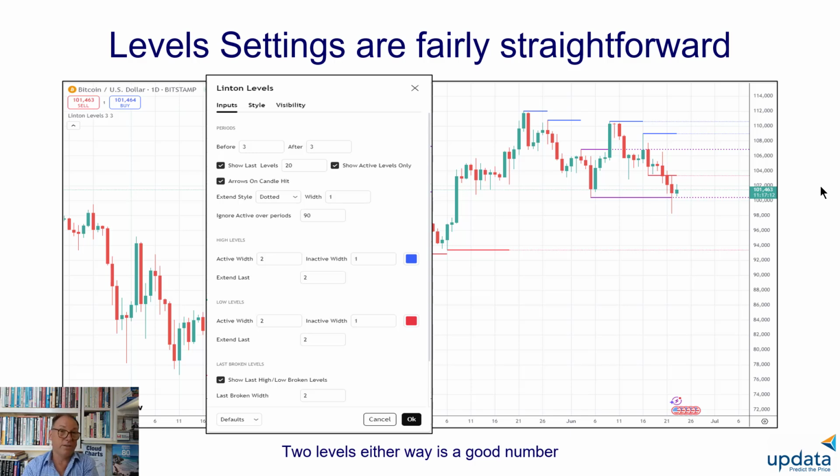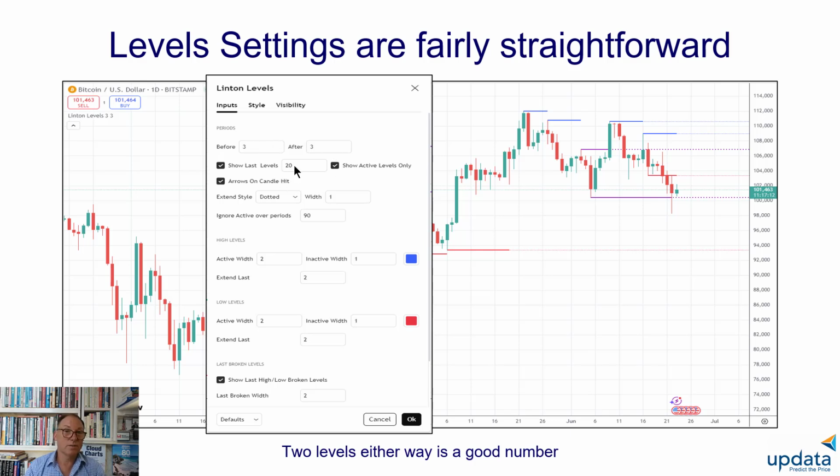I love these, just these resistance levels drawn on automatically. The settings for these is really very, very straightforward. You can change it to 3 bars before, 4 bars or 5 bars before, or 2 bars before. It just basically says how many bars before and how many bars after do I then set a level.